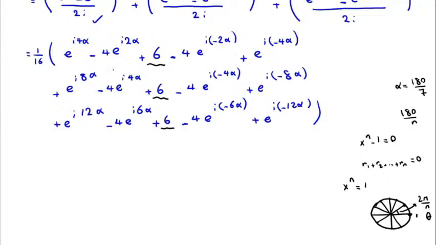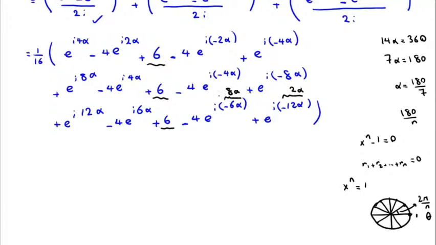Now let's see, here we have what? e^(i4α). Because we know α is 180 over 7, we know 7α equals 180 and 14α equals 360. So 14α means 0. And then we can say, for example, negative 12α is 2α, similar to that.